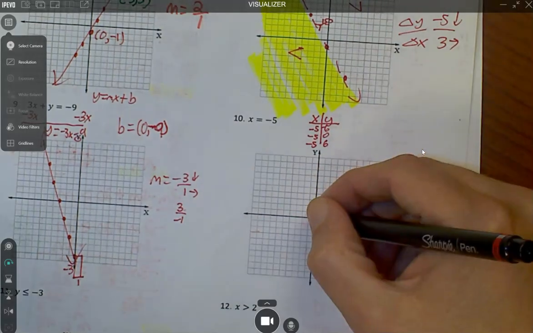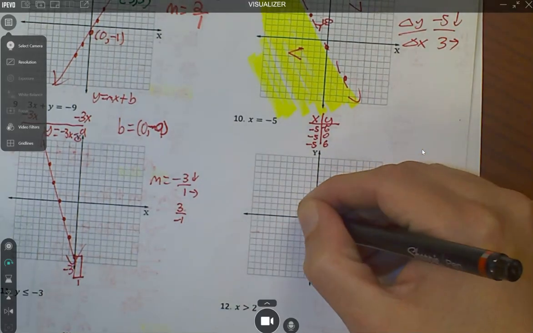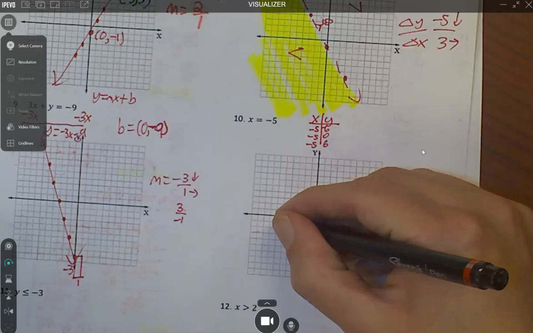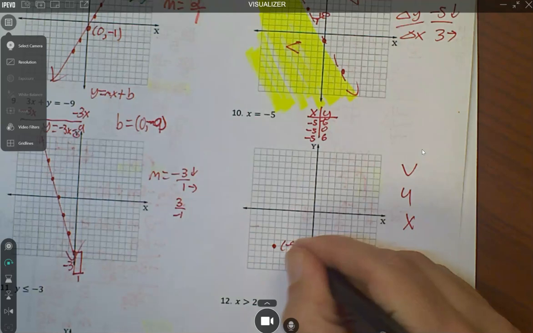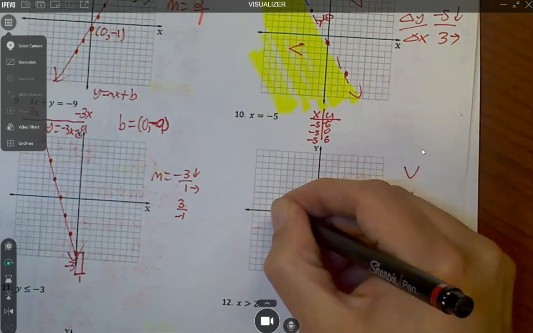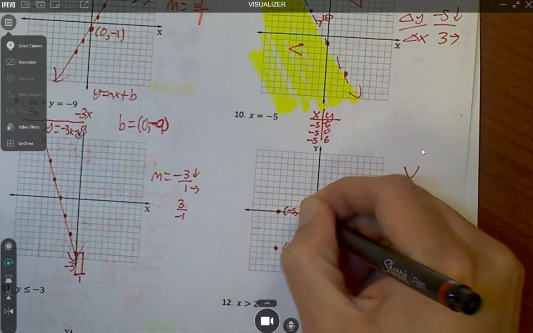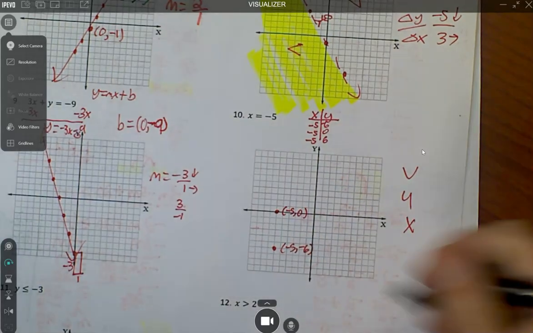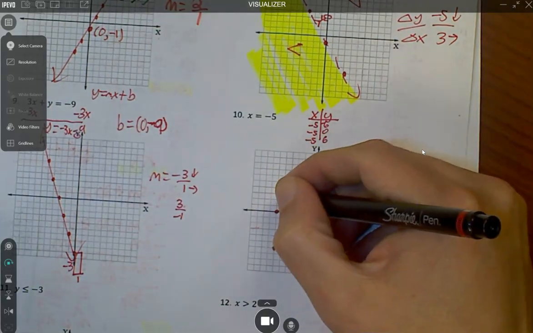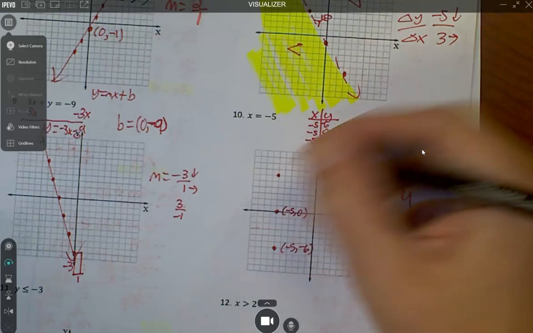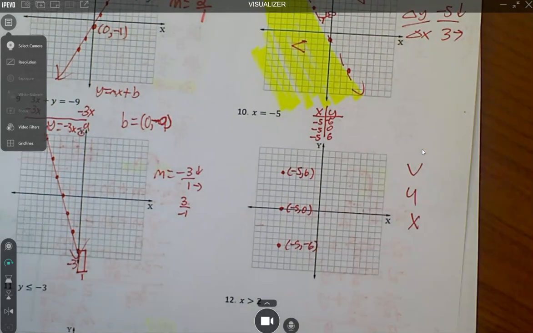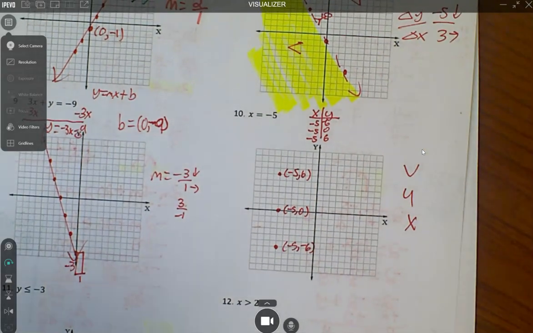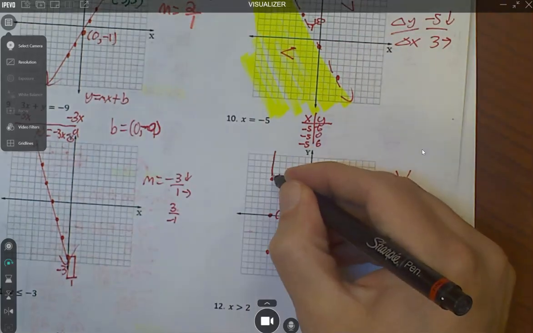So if I go negative 5, negative 6, and I go negative 5, 0, and I go negative 5, 6, okay, every single one of those x coordinates, like we could go for days there. Okay, it makes a vertical line.